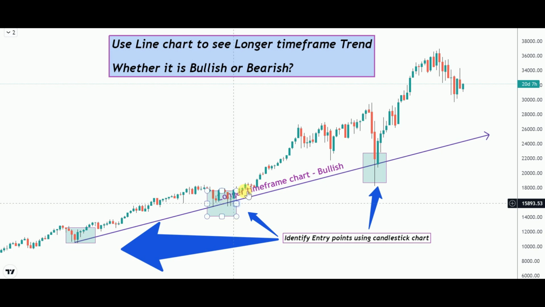If it is bullish, then you will buy, and if it is bearish, then you will sell. So as per our knowledge, we can combine both of these charts, line chart and candlestick chart, to form the trading decisions whether to buy the security or sell the security.